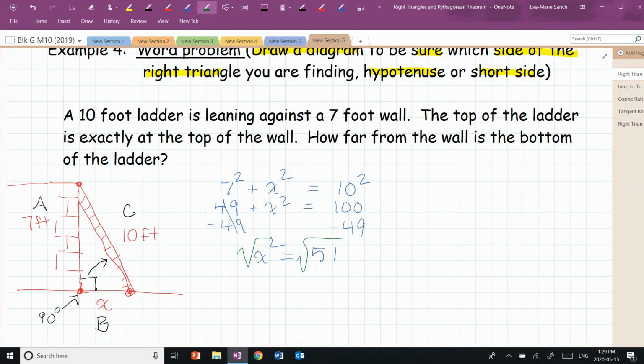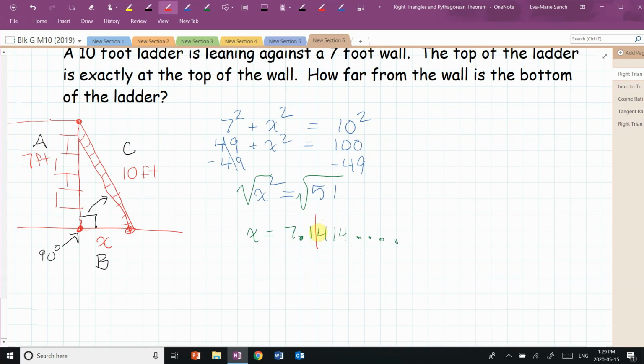So take your calculator, find the square root of 51, and you're going to get x is equal to 7.1414, etc. Now remember, we're cutting this off at 1 decimal place. So again, this is a 4 or lower, so we're just going to drop those off, and x is equal to 7.1. Go back to the question, and it is feet for units.